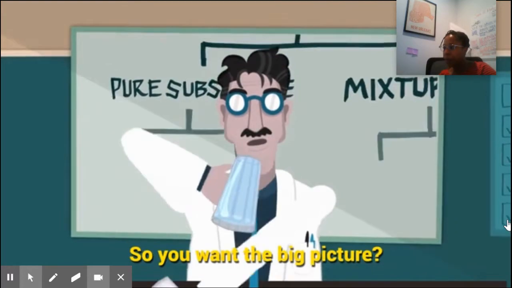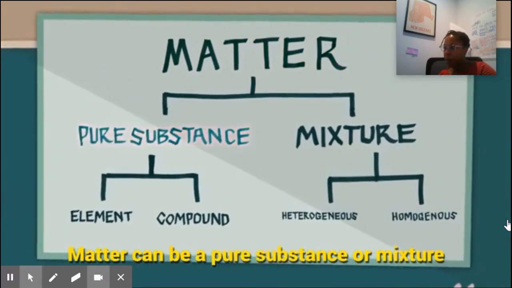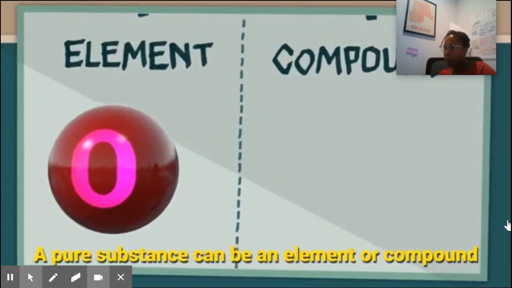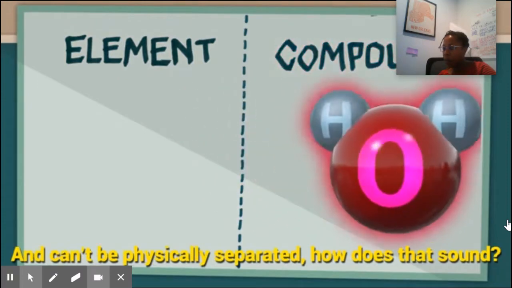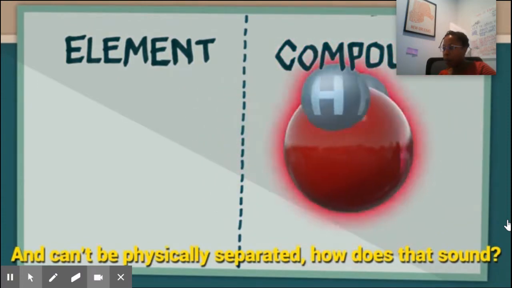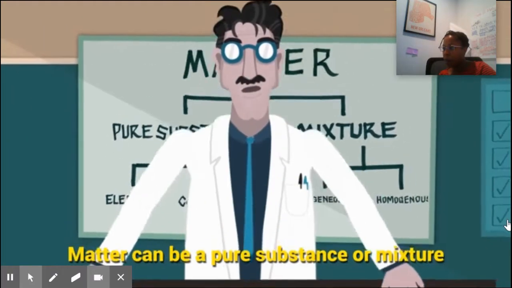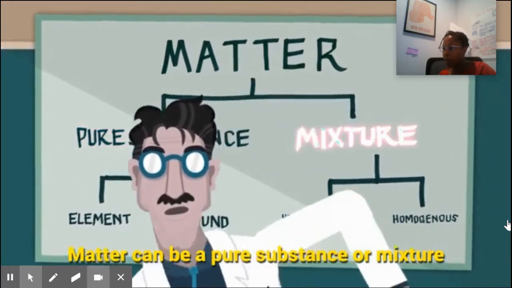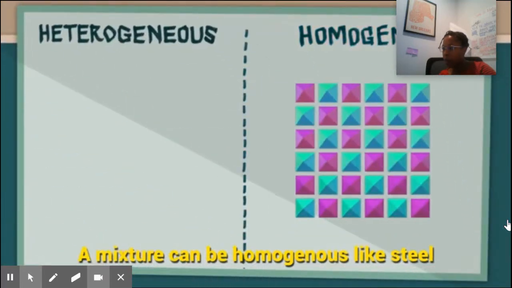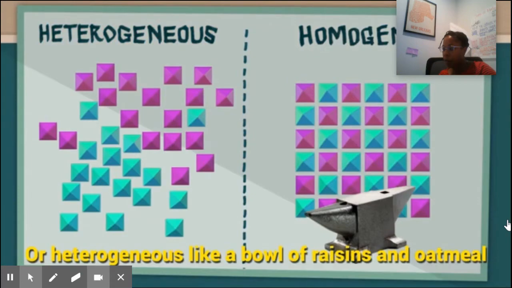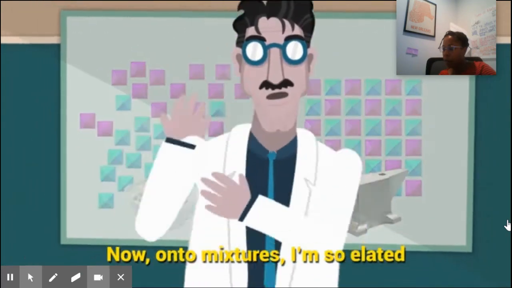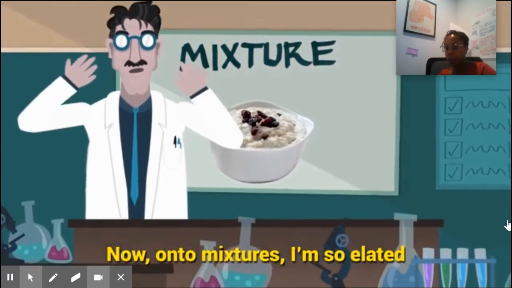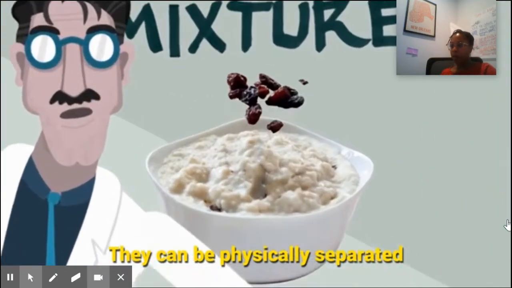So you want the big picture, man? It could be a pure substance, a mixture. Pure substance could be an element, a compound, can't be physically separated. How does that sound? So you want the big picture, man? It could be a pure substance, a mixture. A mixture can be homogeneous like steel, or heterogeneous like a bowl of raisins and oatmeal. Now on the mixtures, I'm so elated. They could be physically separated.